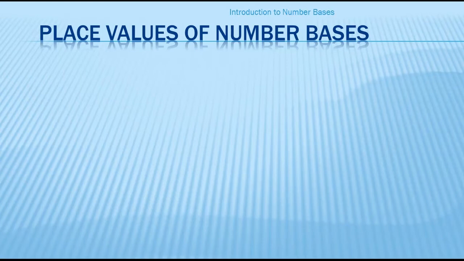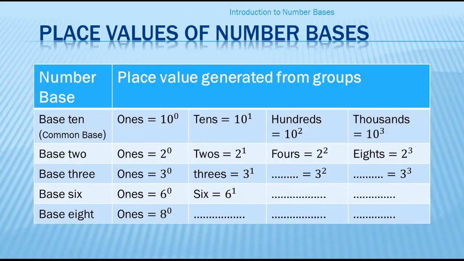The groups, or rather the groupings in each number base, give us a basis for place values. Look at this table and look at the first row, in which we have the common base, that is base 10.